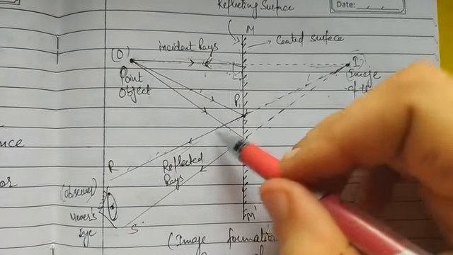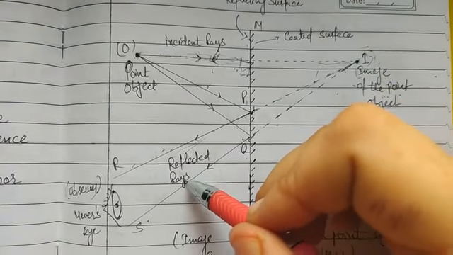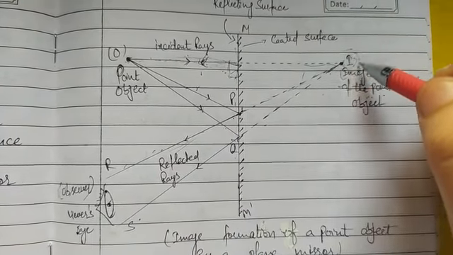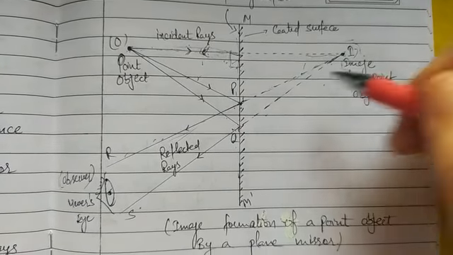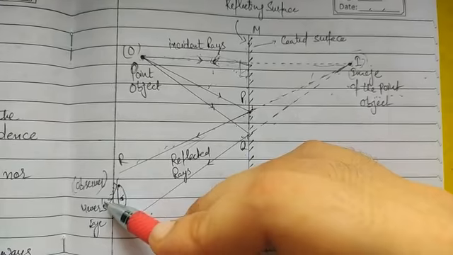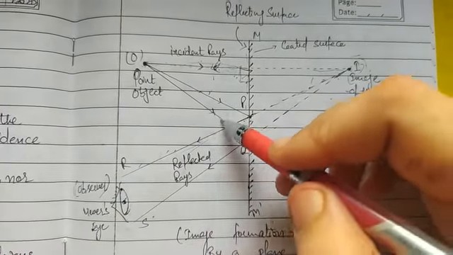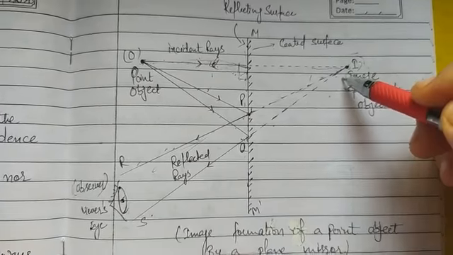So this point is known as the image of the point object, and after reflection these rays will enter into the observer's eyes. Here is the viewer who is looking at the object, and here he will see its image.